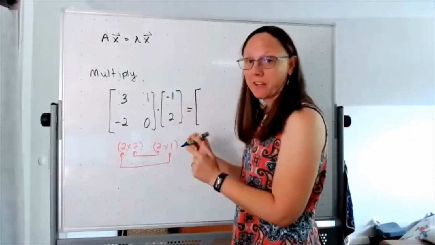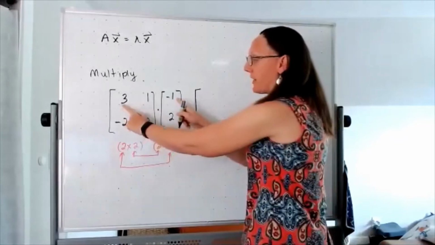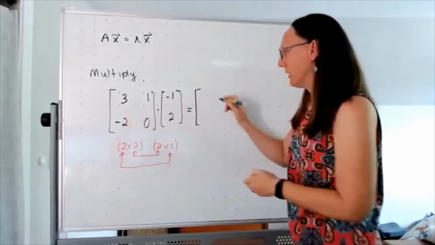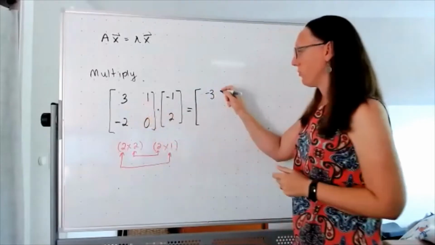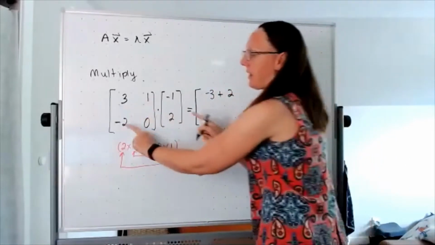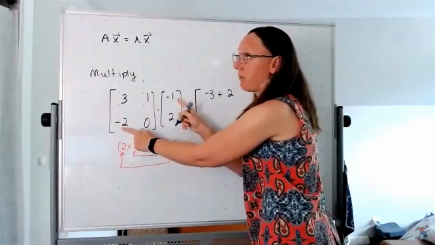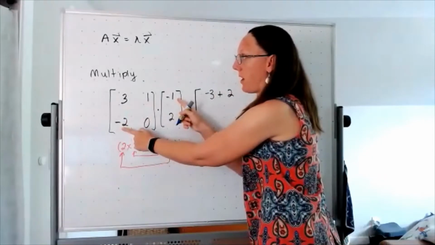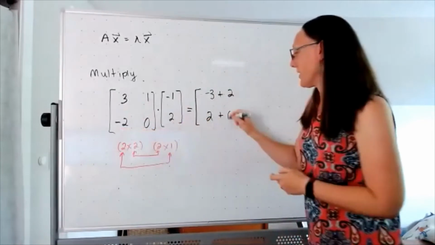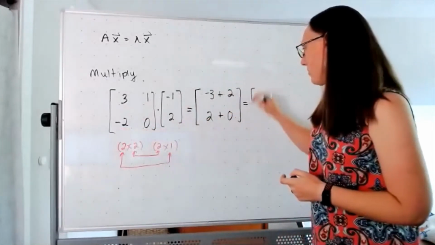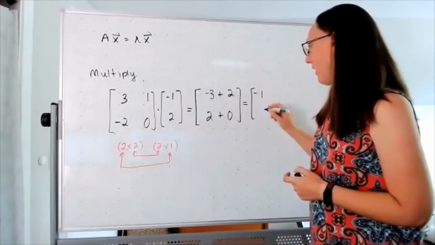So to do our multiplication, I'm going to have 3 times -1. So that's -3 plus 1 times 2. And -2 times -1, that's a +2. Plus 0 times 2 is 0. So our result is -1, 2.